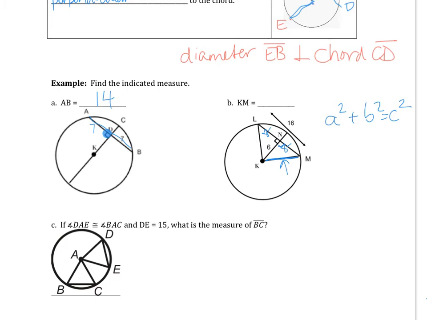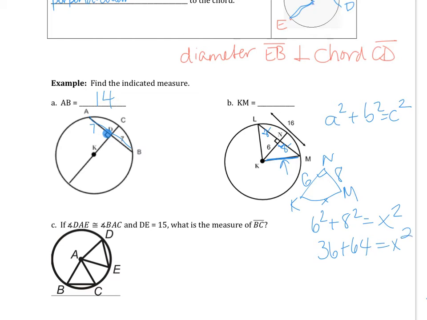Just going to draw my triangle out here for you. Actually, I'll flip it over so you have it the same way. So this is my right angle, this is N, M, and K, so I know this is 6. I know this is 8. 6 squared plus 8 squared equals, I'll call that x squared. 36 plus 64 equals x squared.